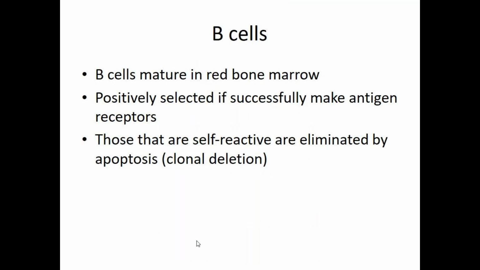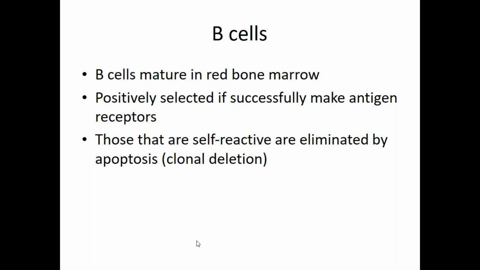For B cells, we don't have a specialized structure for the maturation of B cells. It happens in the bone marrow. We have both basic kinds of tests here again, although the selection is slightly different.